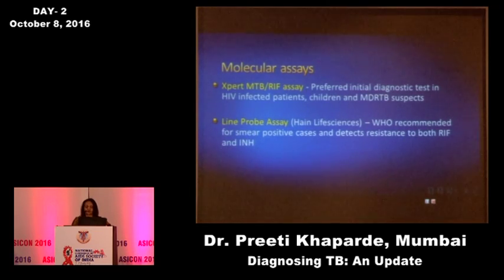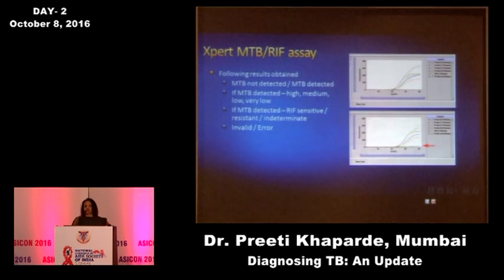And the line probe assay is also WHO recommended for all smear positive cases, and it can detect resistance to both rifampicin and INH. So Xpert TB assay is a closed cartridge-based nucleic acid amplification assay, and the results are available within 2 hours, and it can be directly performed on the sputum sample.